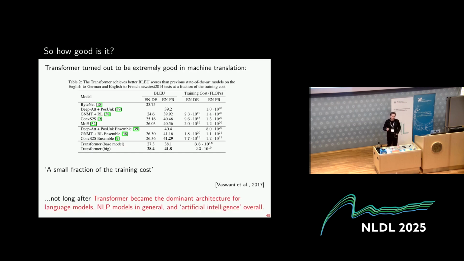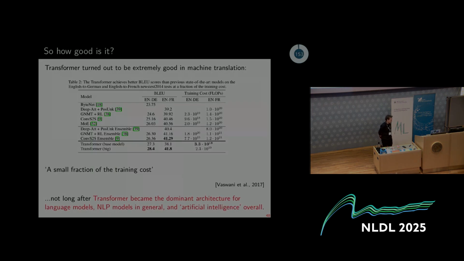But yeah, not long after 2017, as I've said, the transformer became really the dominant architecture for language models, natural language processing models in general, and artificial intelligence in general. So again, to conclude, almost any so-called AI model in the world that you can find nowadays, including language models, will be based on this or that variation of the transformer architecture.